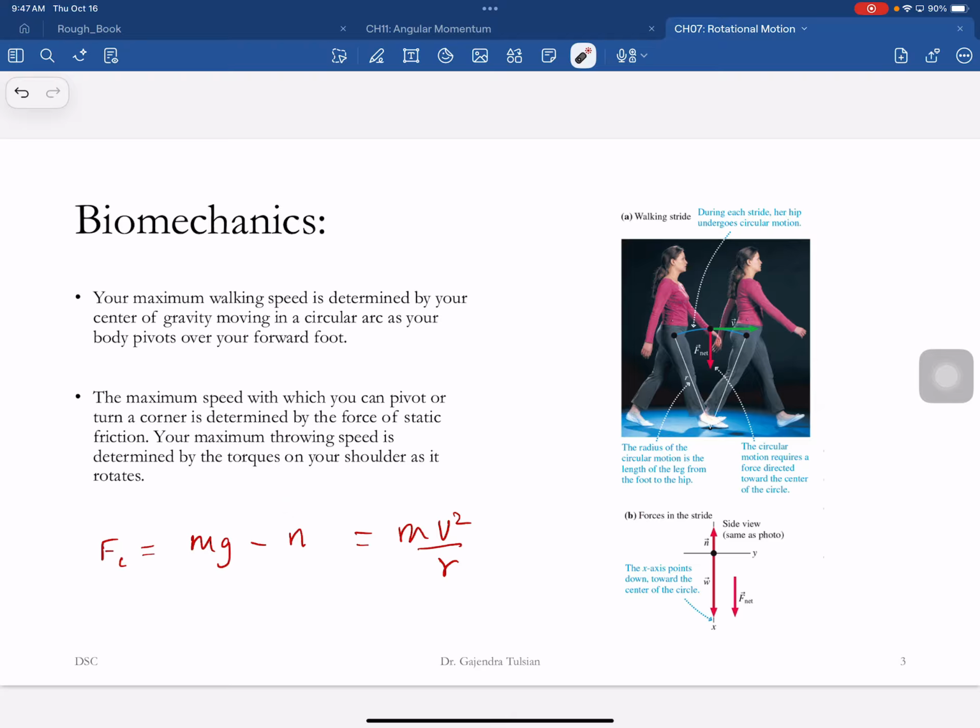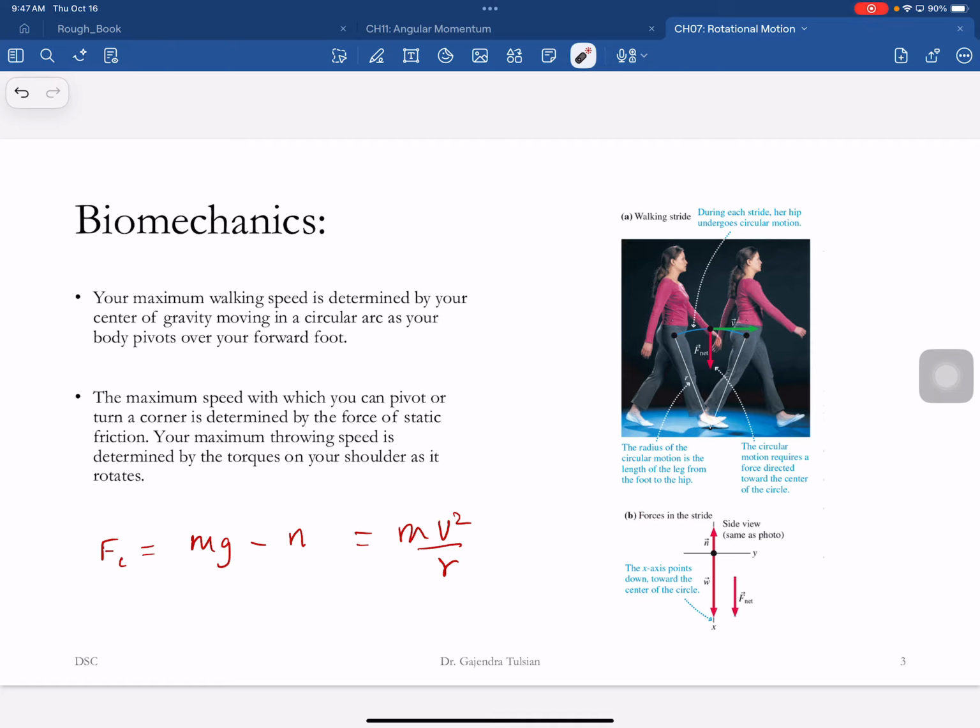That's the best that can happen. You can't get past that limit. If that could become zero, then you could walk on water. So the best that can happen is this can be zero. If we put that zero in, then you can calculate your speed. That's your maximum walking speed.